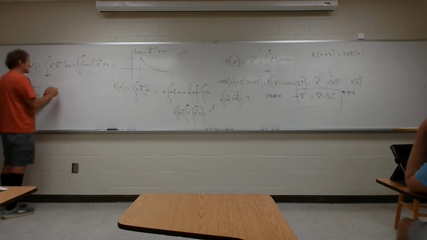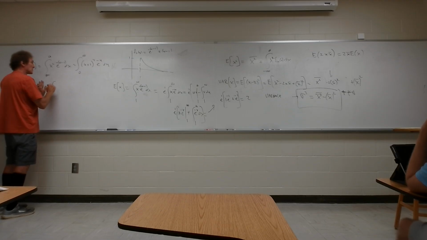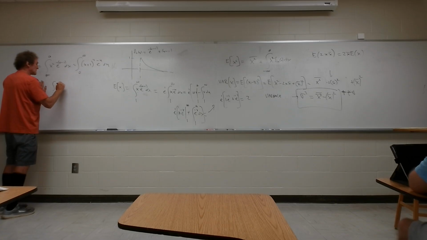Well, when you square that out, now what you're really getting is an integral of u squared e to the minus u du, and we'll go from 0 to infinity.